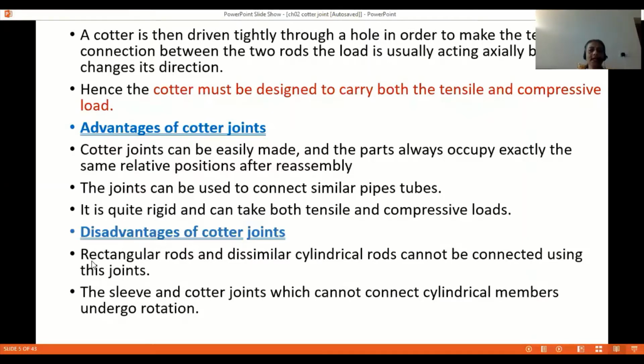Rectangular rods and dissimilar cylindrical rods cannot be connected. Sleeve and quarter joints cannot connect cylindrical members which will be subjected to motion, meaning parts having circular motion, where we can't use this type of quarter joint.